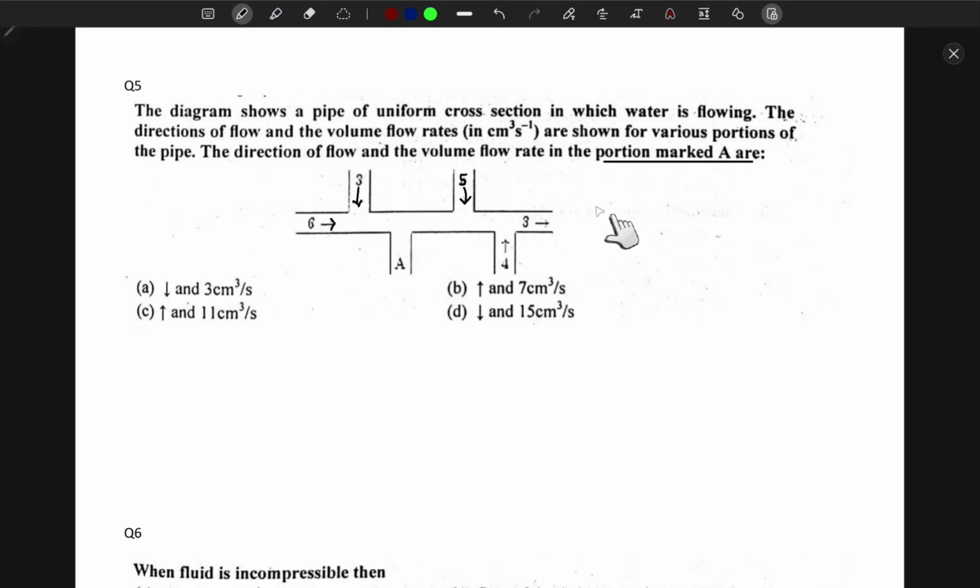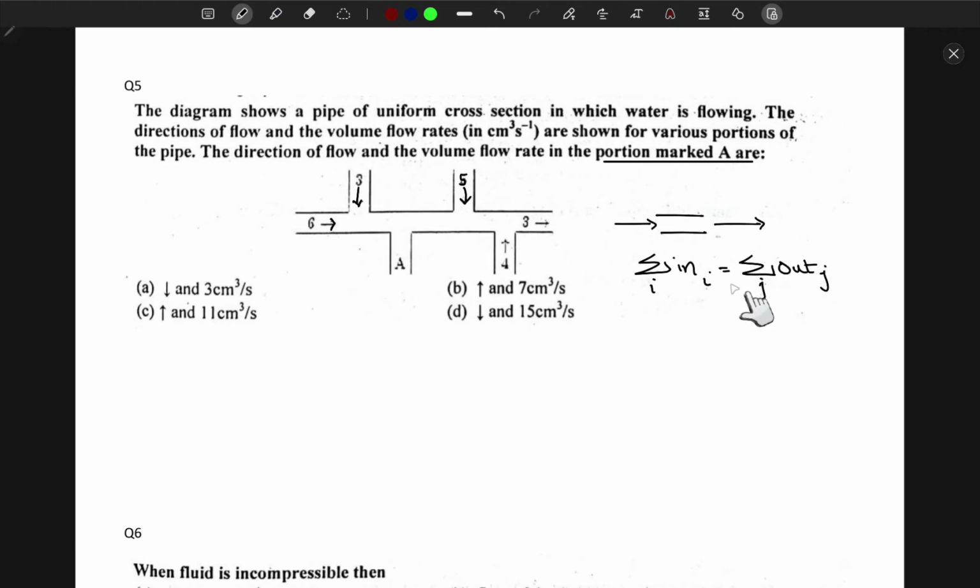Remember, due to the continuity equation, if anything goes in, it should come out as well. So the sum of everything that is going in is equal to the sum of everything that is going out, right?